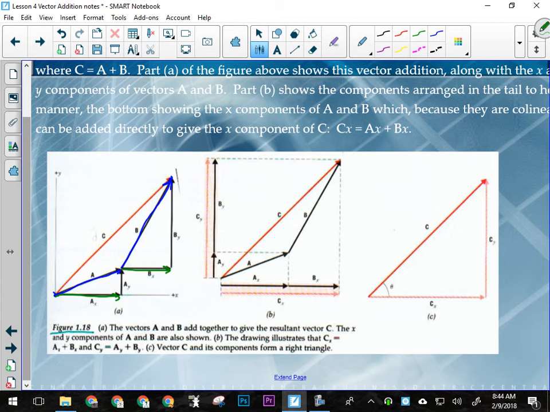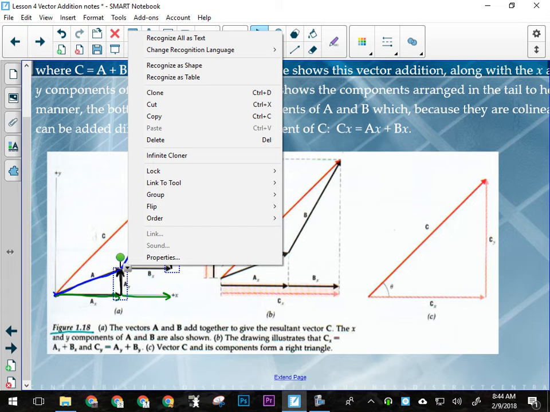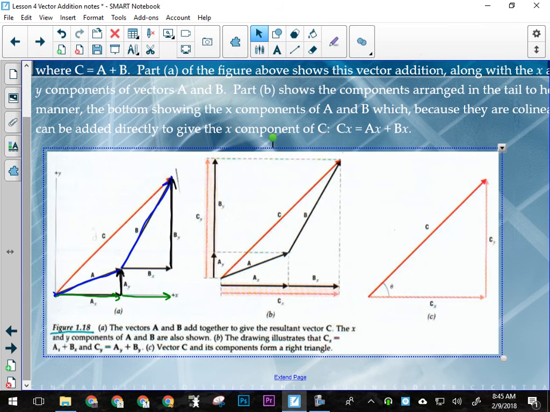As well, I go vertically this far and this far. So I've got all my y's and all my x's. If I want to figure out how big C is, I'm going to take all my horizontals and put them together, and take all my verticals.